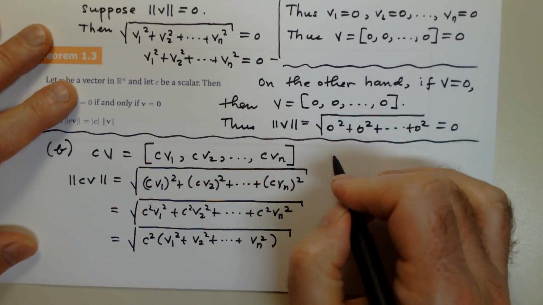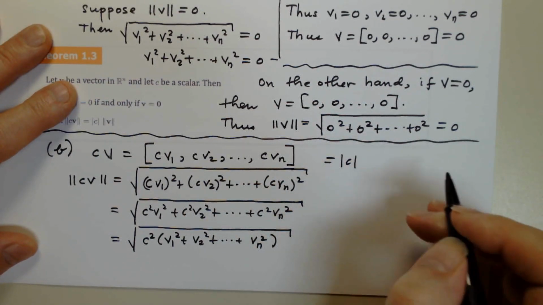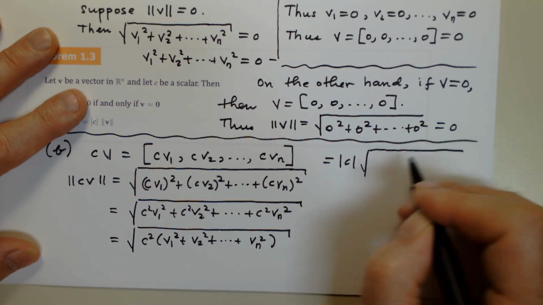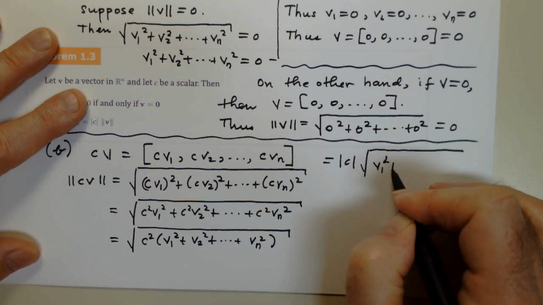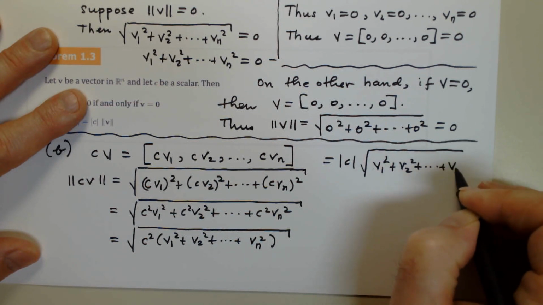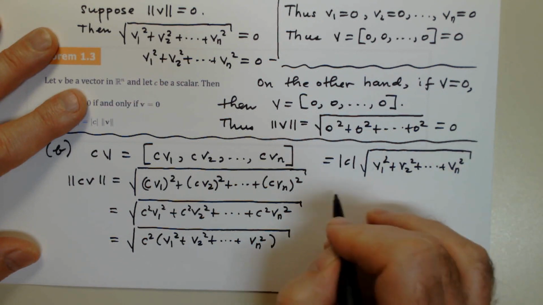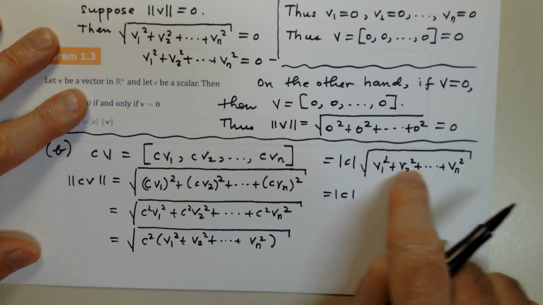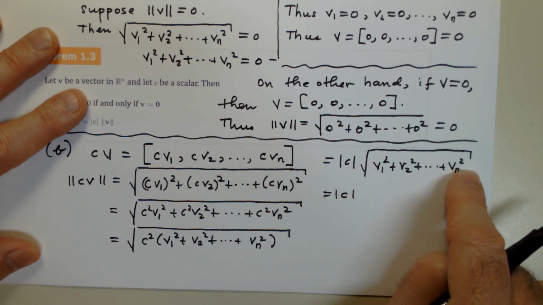So I'll have the absolute value of c here. And inside the radical, I'll have v1 squared plus v2 squared up through vn squared. And now I just have to recognize that this is exactly what we mean by the length of the vector v.